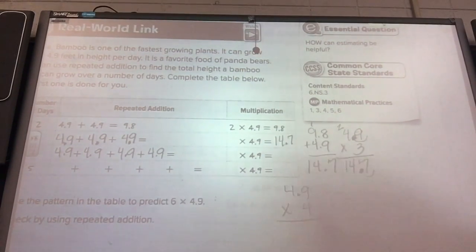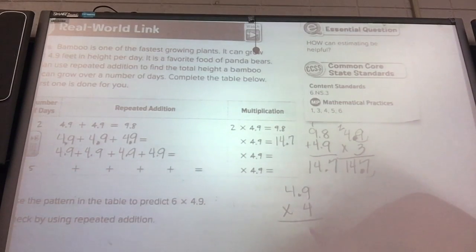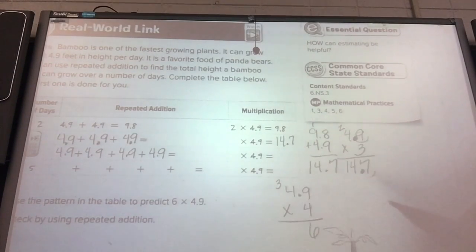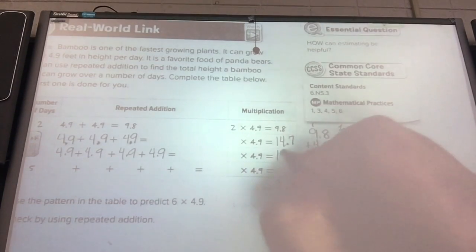And 9 times 4 is 36. Put the 6 down, carry the 3. 4 times 4 is 16, plus 3, 19. Start to the right, I go over one place. 19.6.